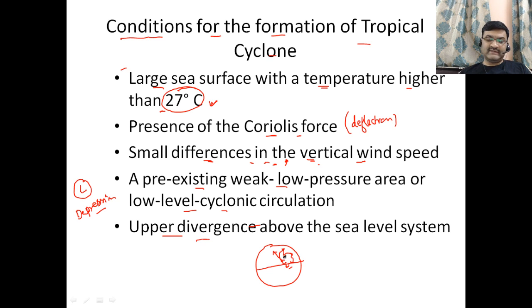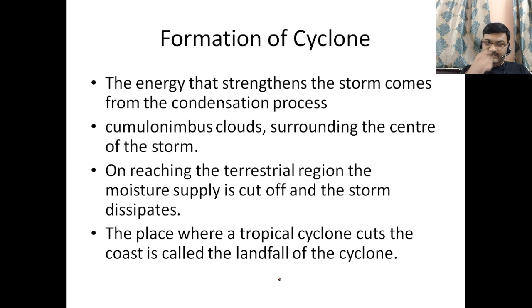It gets rotated. In the southern hemisphere it gets deflected to the left, and if it is continuously getting deflected it is again going to get rotated. So the Coriolis force is responsible for that rotation of the wind on the surface.